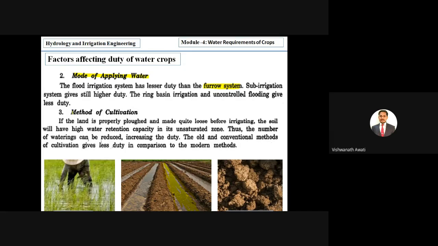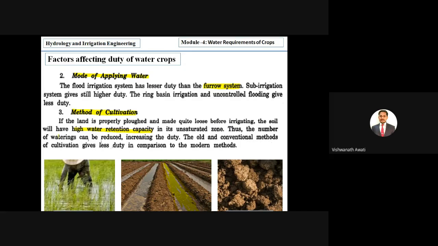Next is method of cultivation. If the land is properly ploughed and made quite loose before irrigating, the soil will have higher water retention capacity in its unsaturated zone.